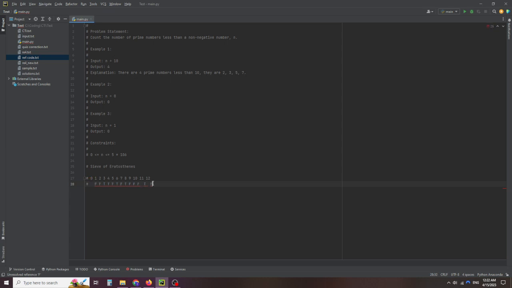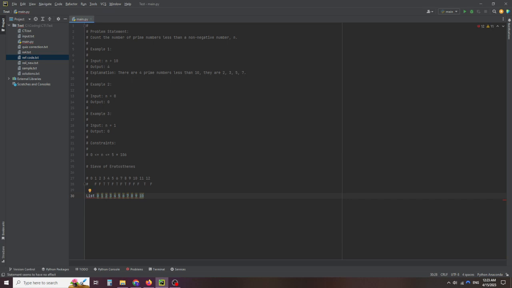So how it works is I'll be making a whole list of all trues, of however many numbers. For example, 10 numbers, so I'll have a list of 10 numbers starting at 0. So 0, 1, 2, 3, 4, 5, 6, 7, 8, 9.